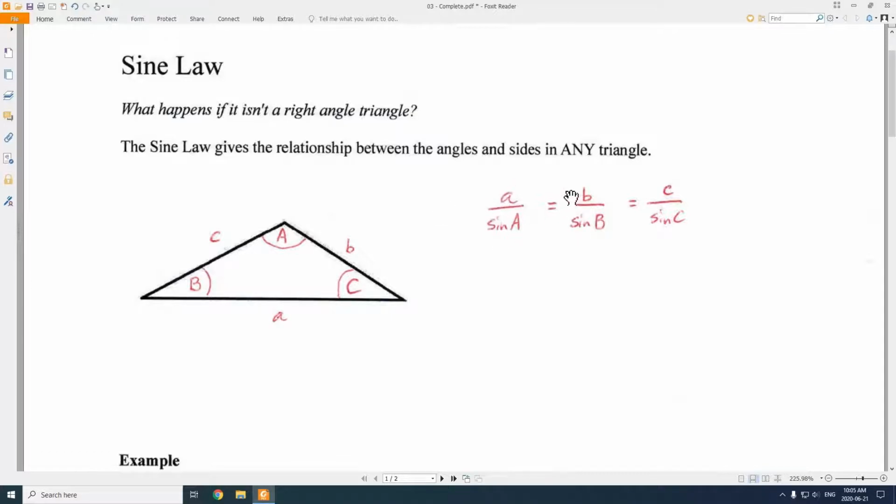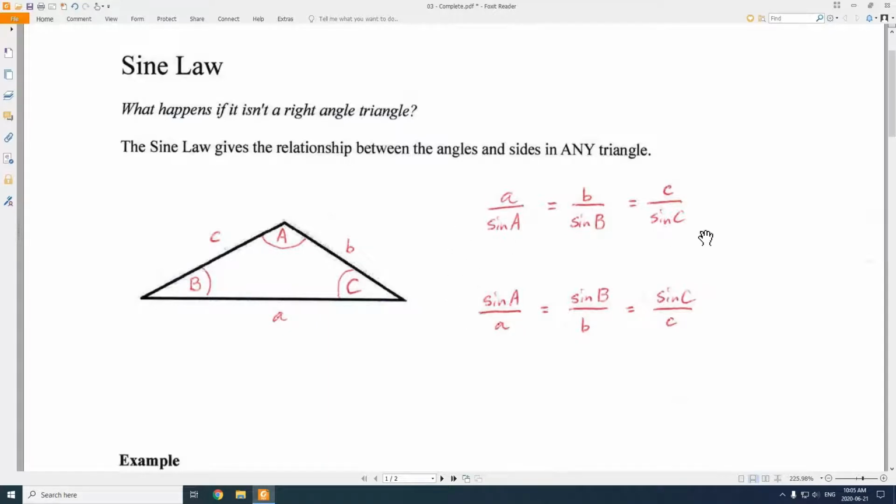Now, because these are just single fractions in each part of this equation, you can actually flip each fraction upside down. You take your entire equation and flip it upside down. That only works because it's a simple fraction. So you could instead write the equation the other way around. So sine A over length A equals sine B over length B equals sine C over length C. Either way is fine.